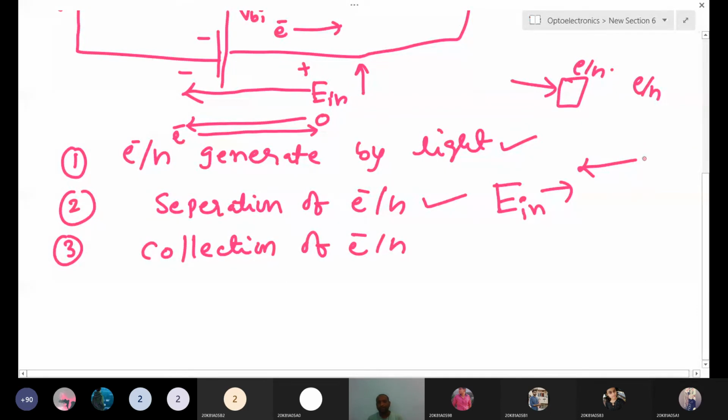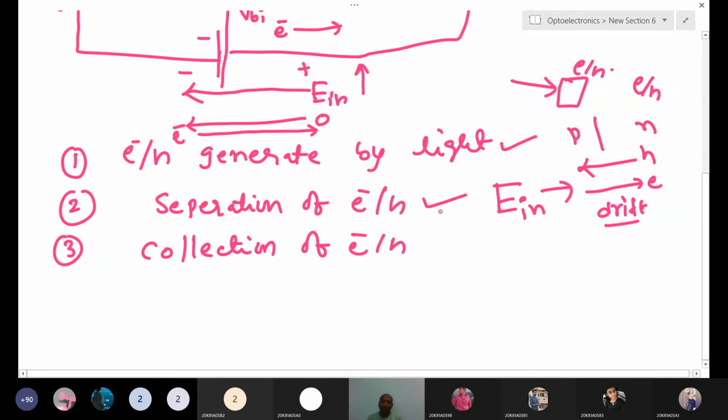Suppose this is N side semiconductor, this is P type semiconductor. Minority carrier holes in N type we are sending to P side, and minority carrier electrons we are sending to N side. So this is the drift process. We are applying drift by applying reverse bias voltage, so that we can increase the number of electrons in N type and holes in P type. Okay, this is done. We have separated.